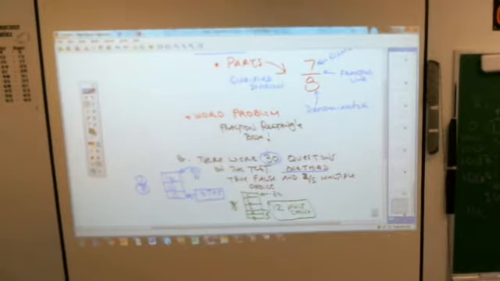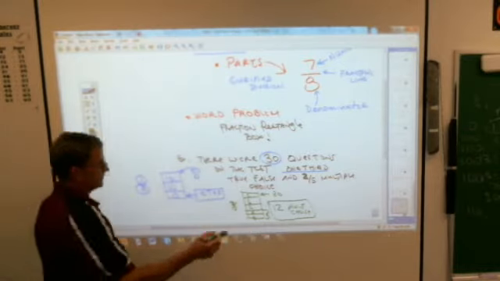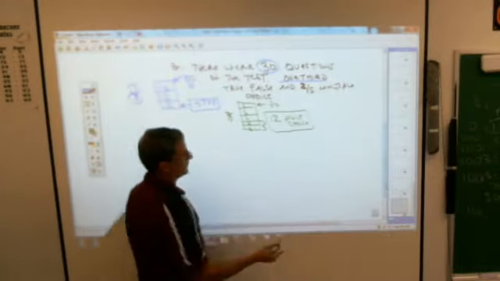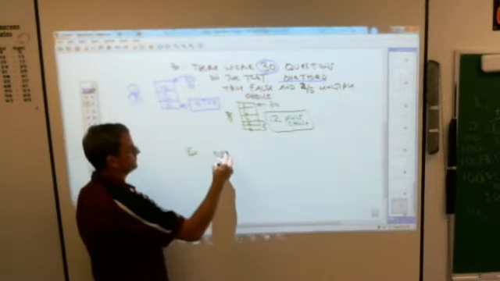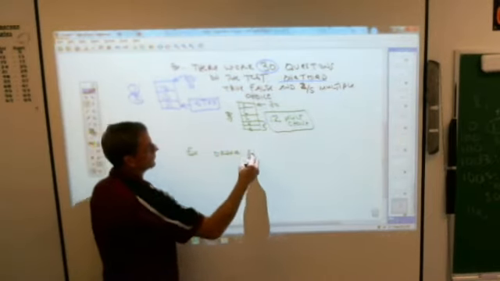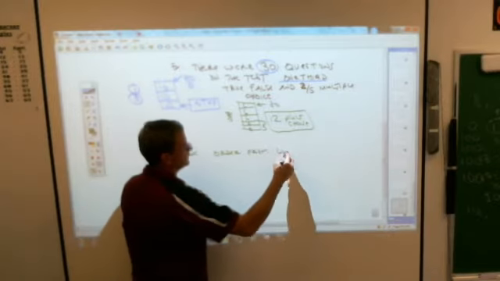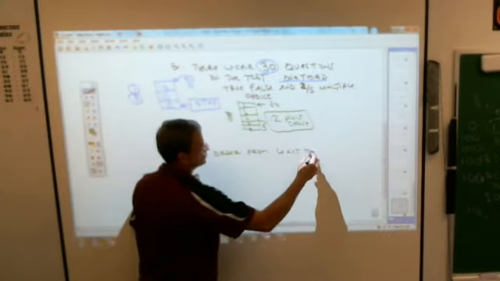And then the last thing the book asks you to do is this. Down to this third example here. Order from least to greatest.